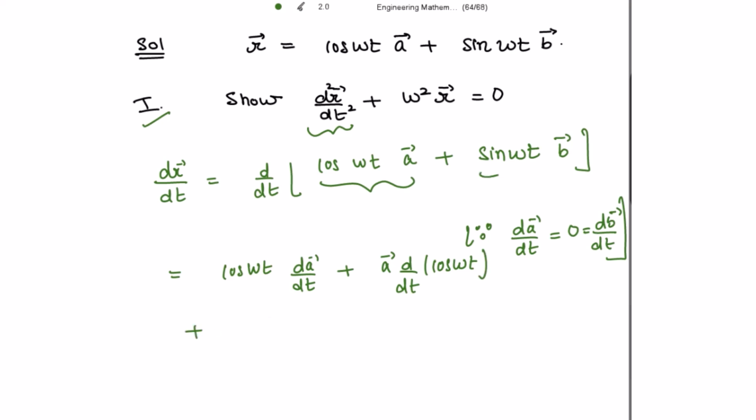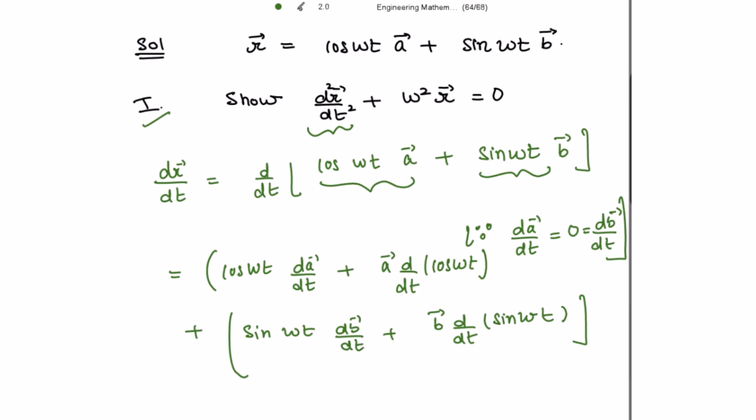Similarly, for the second one, first function times the derivative of the second, plus second function times the derivative of the first one. So writing here, the derivative of a vector is 0 because it is your constant vector. So this first term is 0.